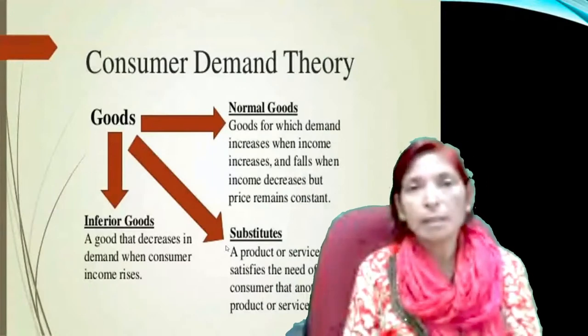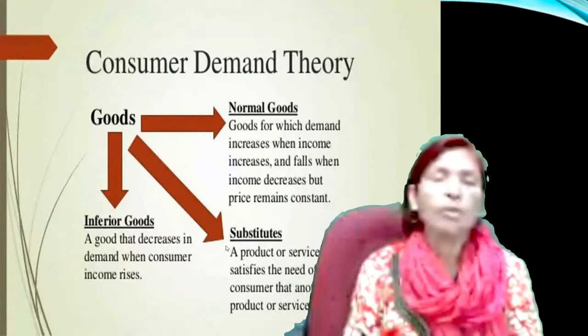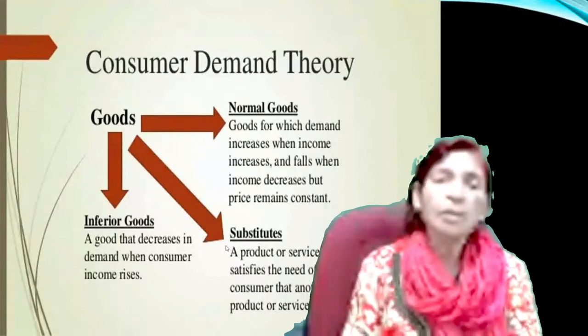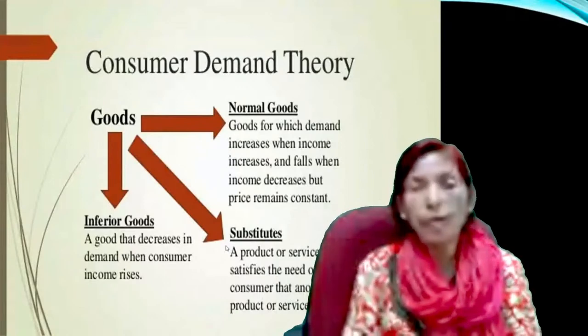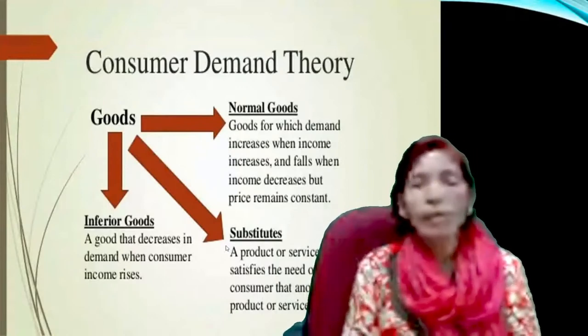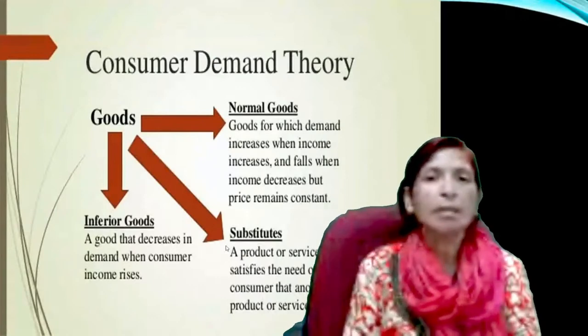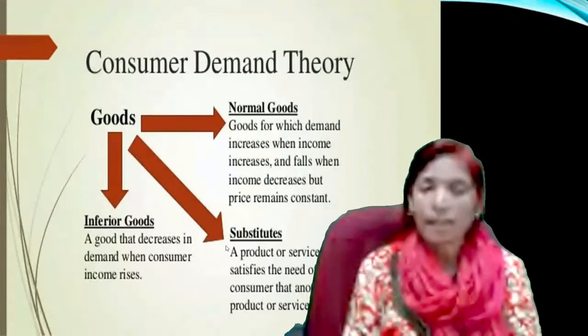But at present, it's not called an inferior good, because sometimes people belonging to the higher income category also prefer to buy toned or double toned milk due to some health issues. So inferior goods are generally those types of goods like maize and raw jute, etc.